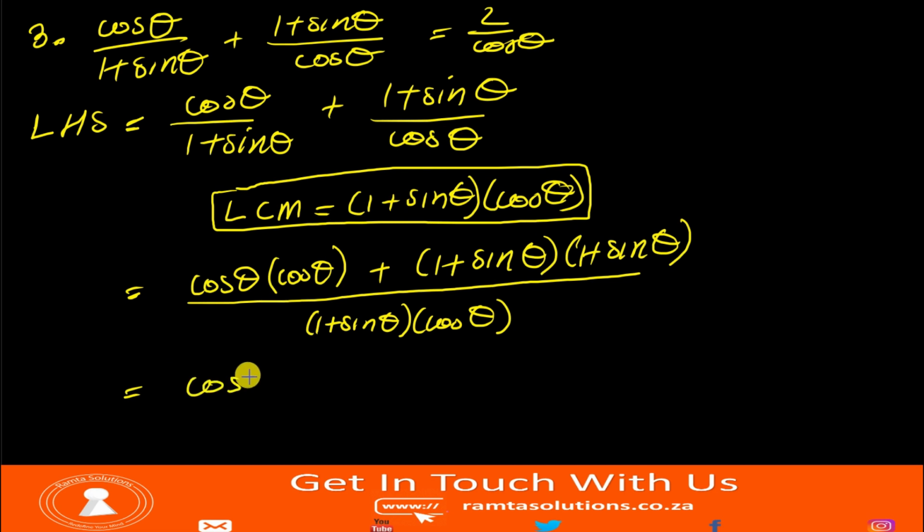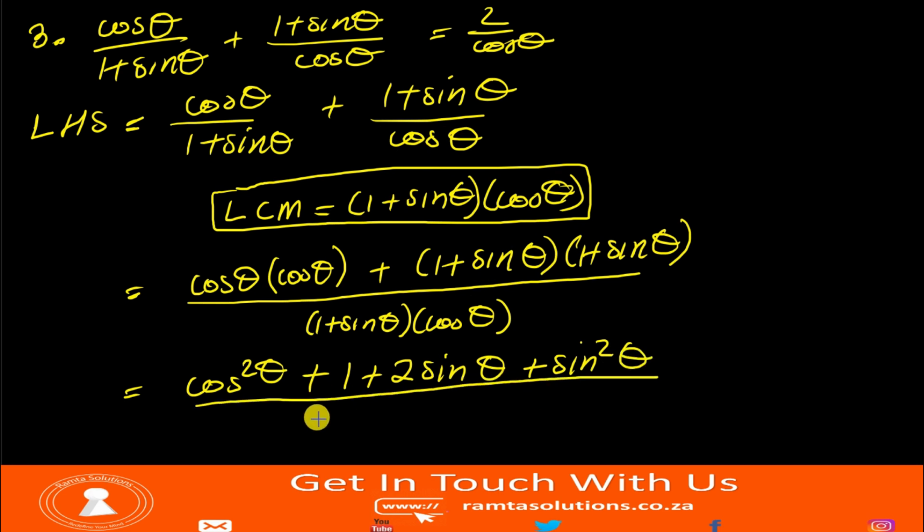Proceeding, we have cos square theta plus, using the FOIL method, this will be 1 plus 2 sine theta plus sine square theta all over 1 plus sine theta multiplied by cos theta. So before going to the next page, I want you to see something.